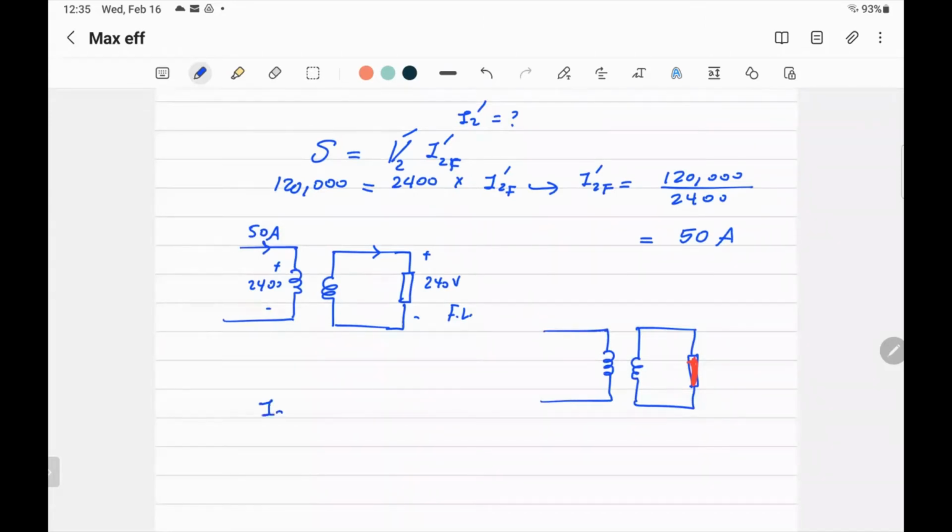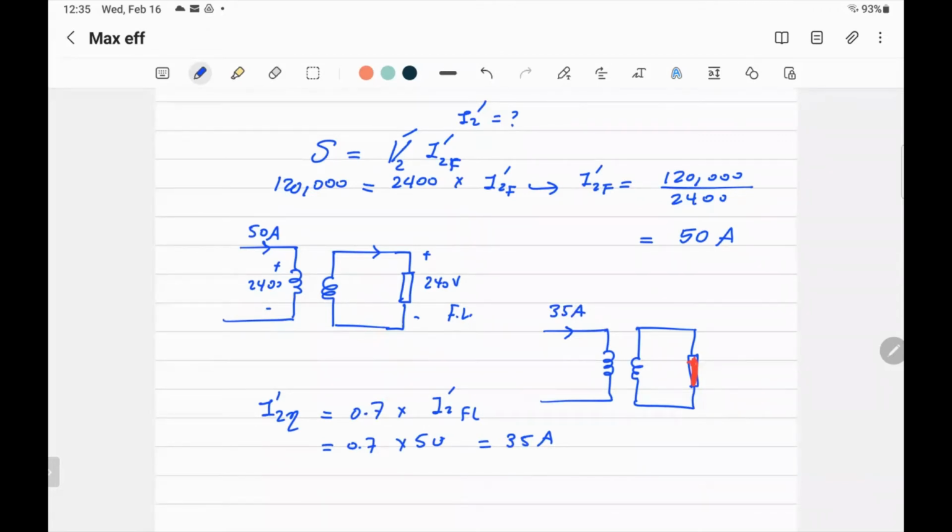So the current I2 dash at maximum efficiency will be equal to 0.7 times the full load. So 0.7 times 50 amp will be equal to 35 amp. But it's not complete, it's only the magnitude. It was given the power factor.